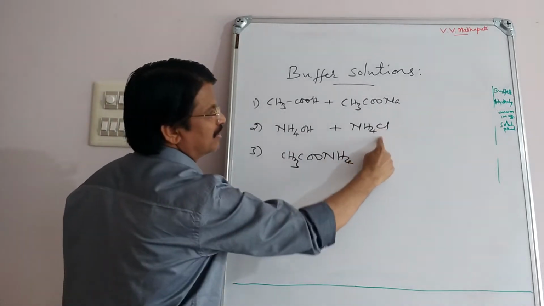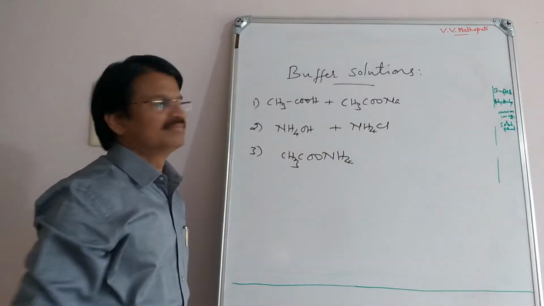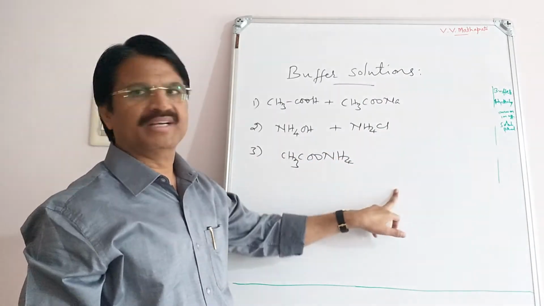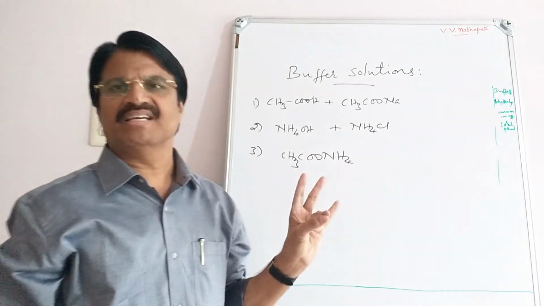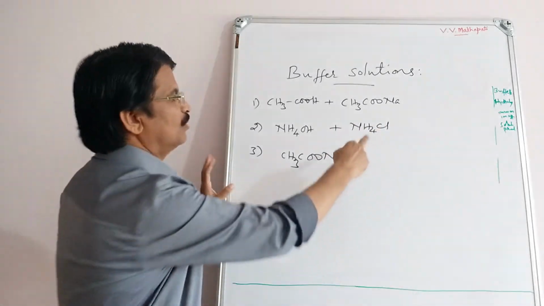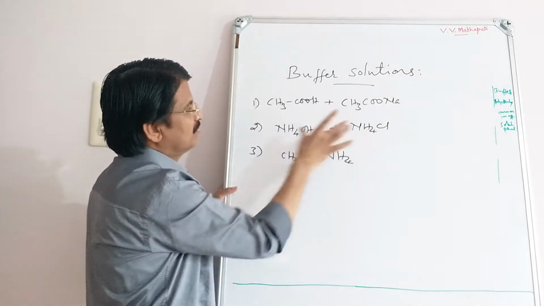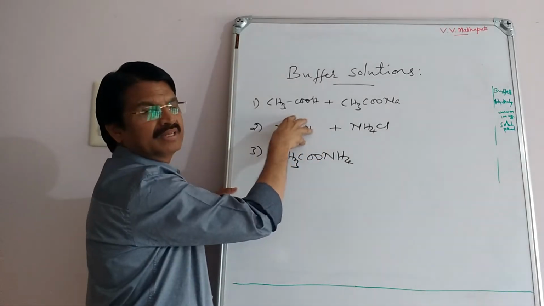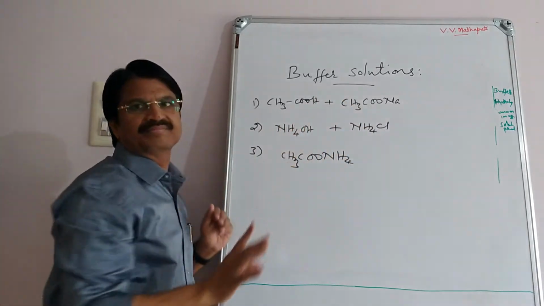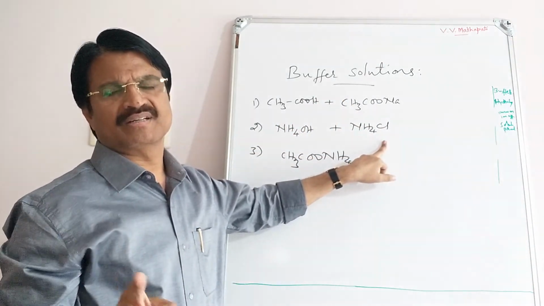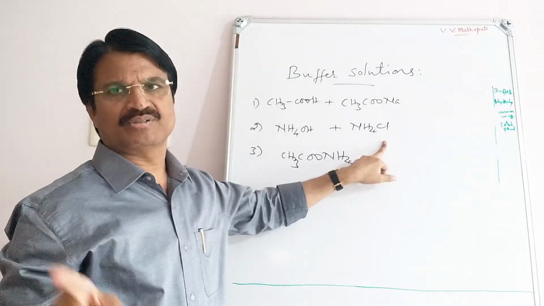In this second part, Cl, NO3 or sulfate means HNO3, HCl, H2SO4, which are called strong acids. The salt is obtained from a weak base, whatever is taken in the beaker, mixed with an acid, and that acid should be a strong acid like HCl, HNO3 or H2SO4.